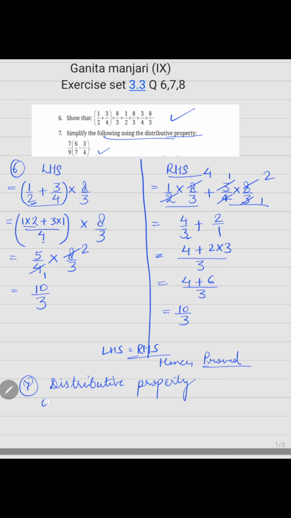Distributive property says if we have a rational number a multiplying, and there are two rational numbers in the bracket with operation addition or subtraction, firstly we have to multiply the first rational number into the second and take the sign which is given in the bracket, and then again multiply the first rational number and the third rational number, which is a into c.